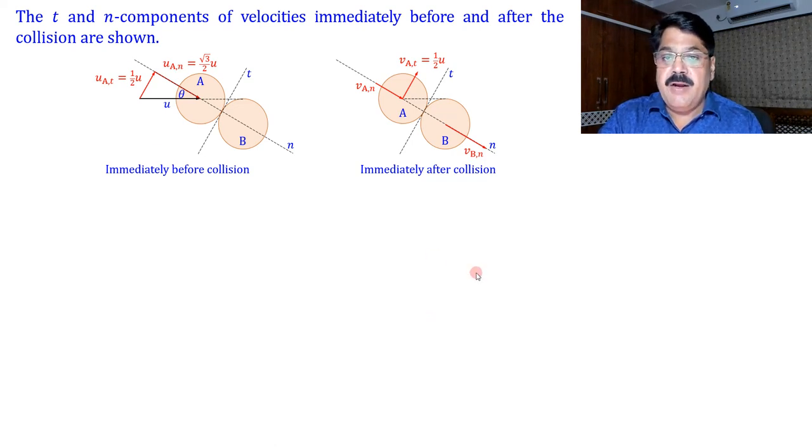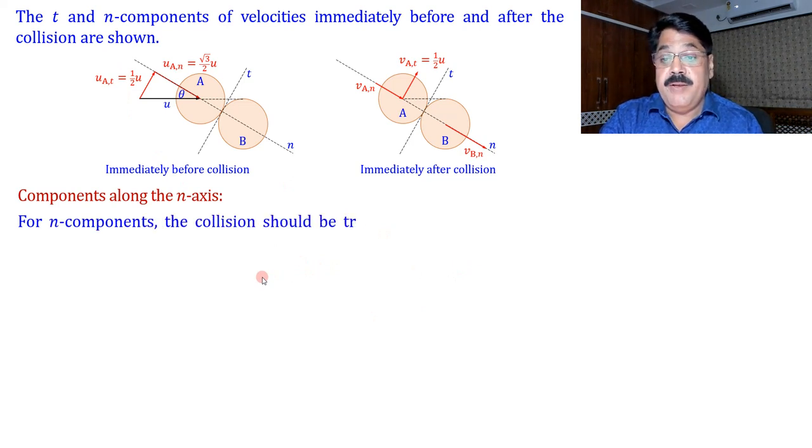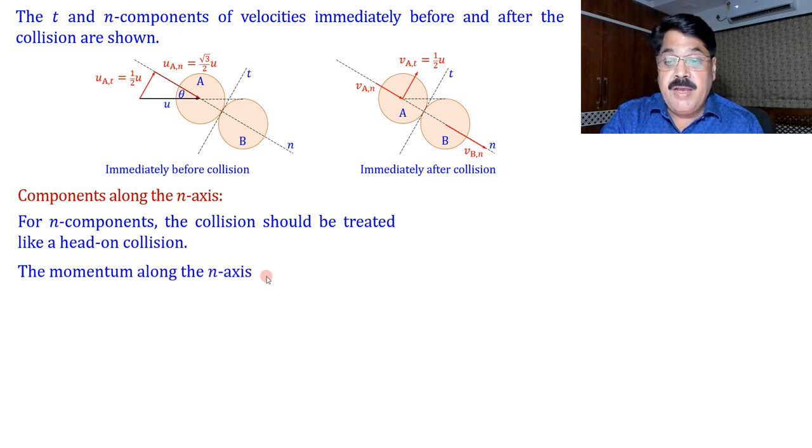Now for the n components, we treat the collision similar to a head-on collision. Component along the n-axis: for n components, the collision should be treated like a head-on collision. The momentum along the n-axis is conserved.